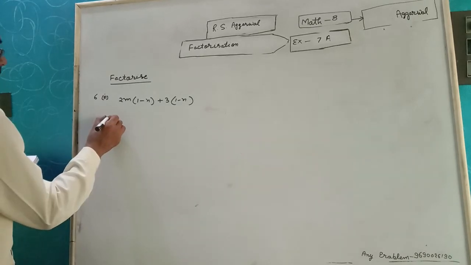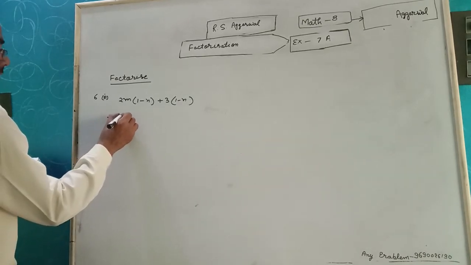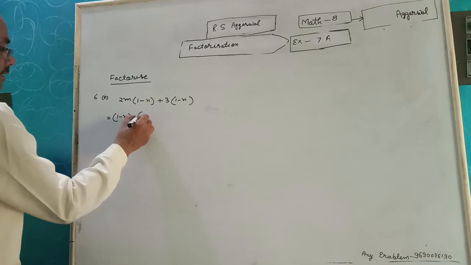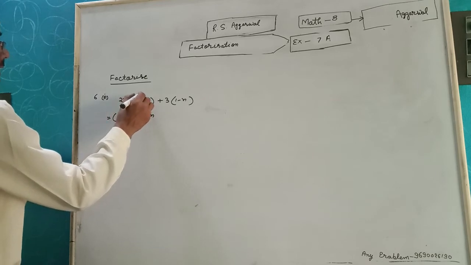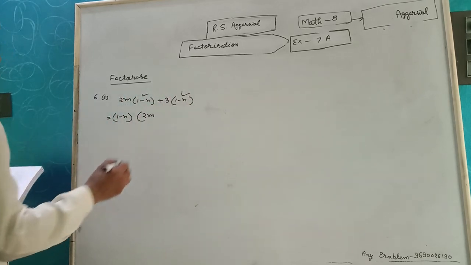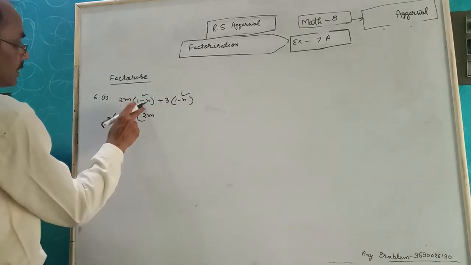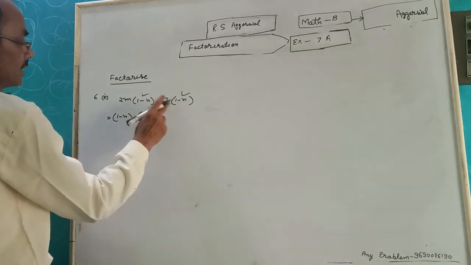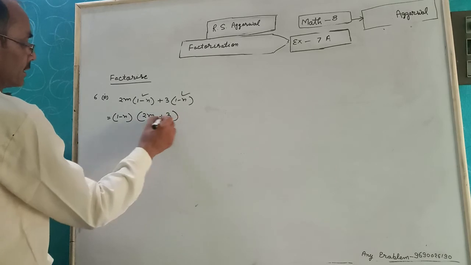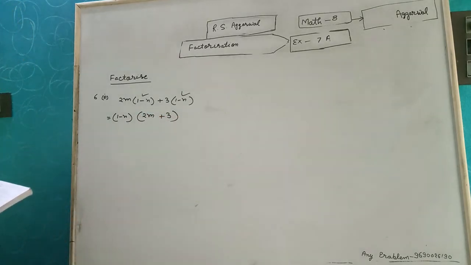Both terms have common bracket 1 minus n. Take the small bracket 2m and 3, that is the other bracket. After common is 2m plus 3. Sixth question is complete.